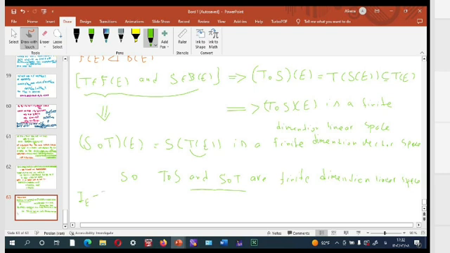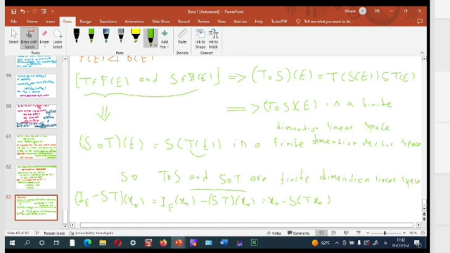It is very trivial because (I_E minus ST)(x0) is equal to I_E of x0 minus S T of x0, and this is equal to x0 because this is the identity map, minus S of T of x0.